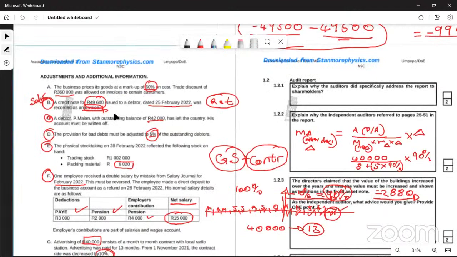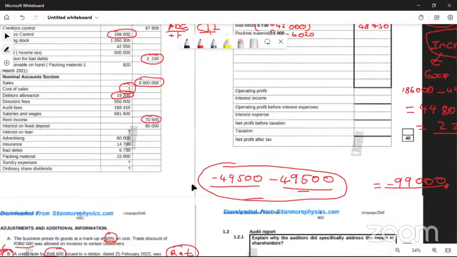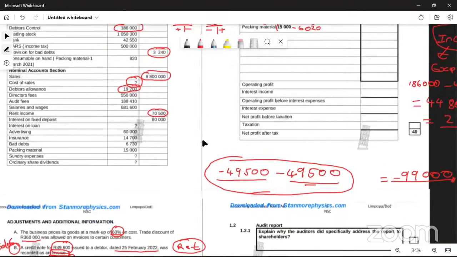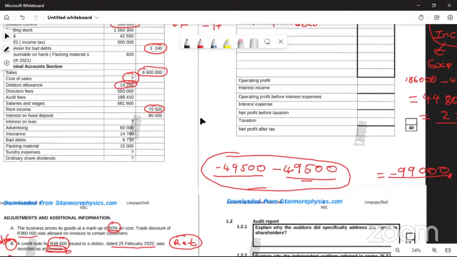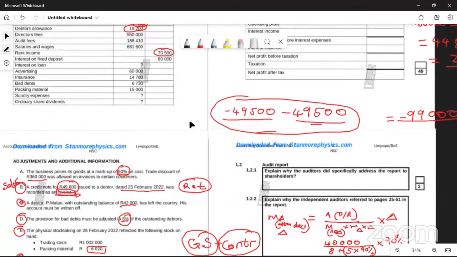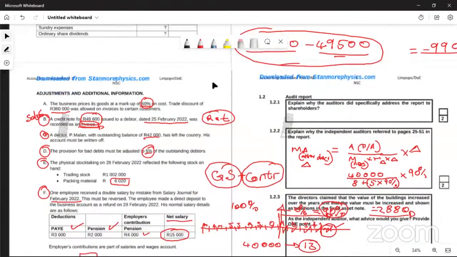Packing material. 8,980. Okay. Let's double check everything first before we conclude.